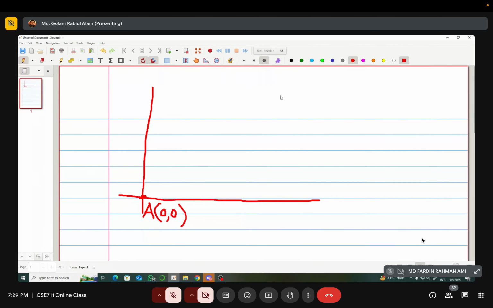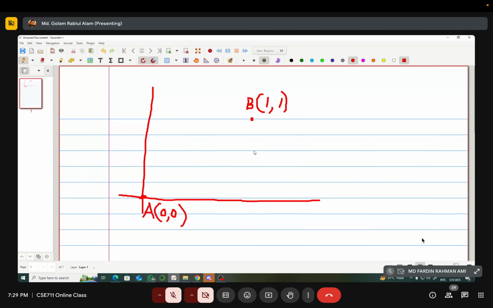And the second data point is B. Let's say this is the B, another data point, and that is 1 and 1. And then the third data point we have is 2, 0. Okay, so that is C.